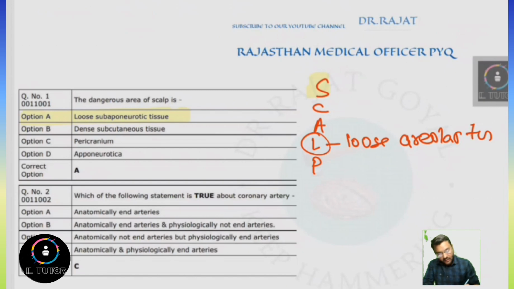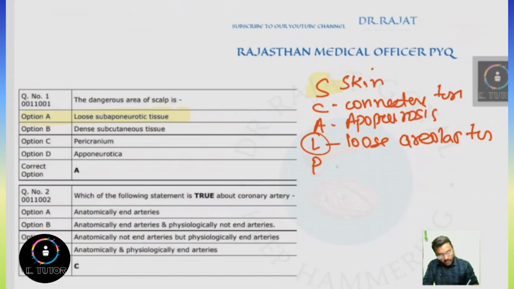Others are S for skin, C for connective tissue, A for aponeurosis, and P for pericranium. So loose areolar tissue is also called loose subaponeurotic tissue. So answer will be option number A.